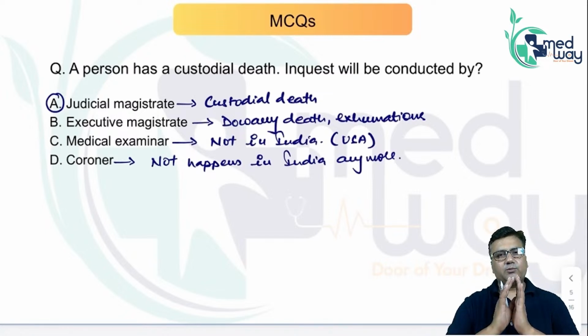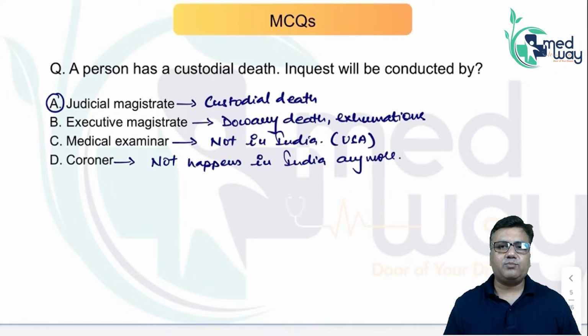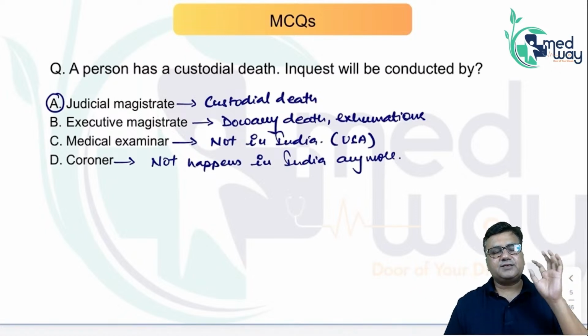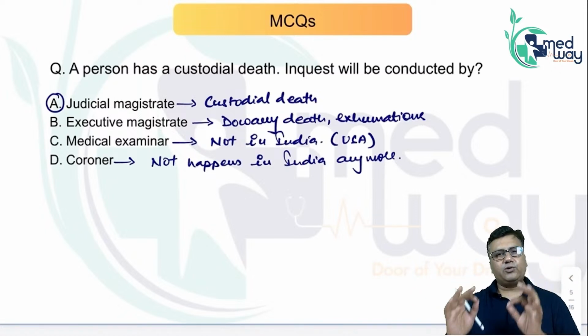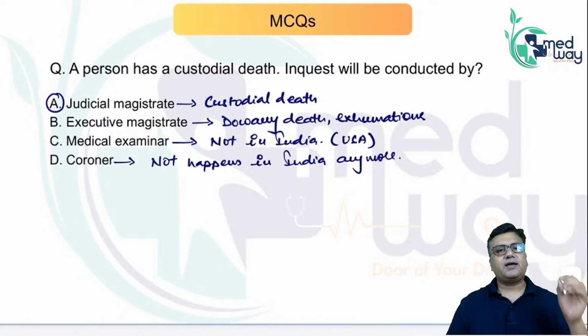So coroner inquest doesn't happen in India anymore. Only two inquests happen in India: police inquest and magistrate inquest. Police conducts inquest in every situation of death. Magistrates do so in cases of custodial death, dowry death, and exhumations. In custodial death, it is the judicial magistrate, and in dowry death and exhumation, it is the executive magistrate.